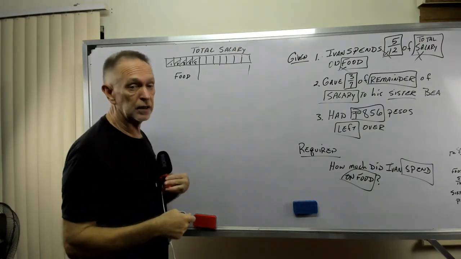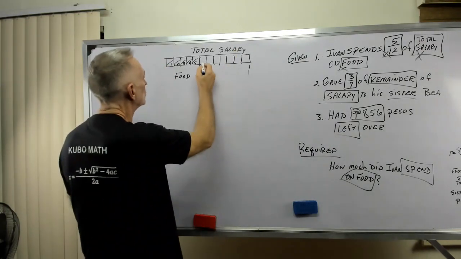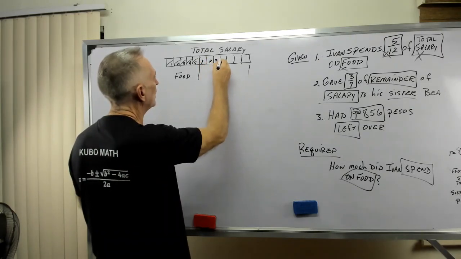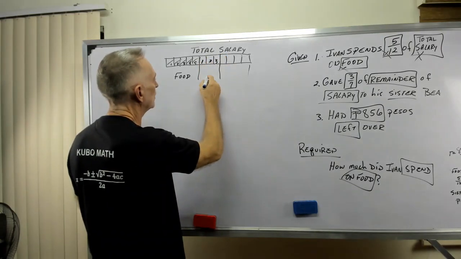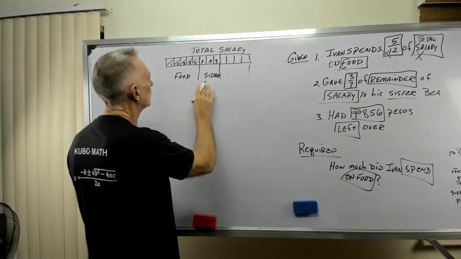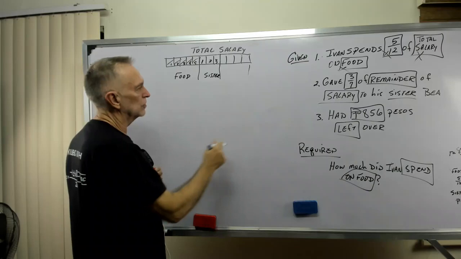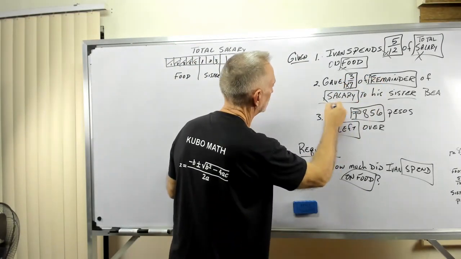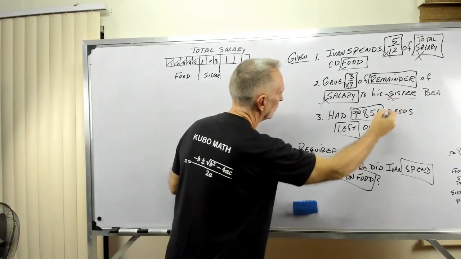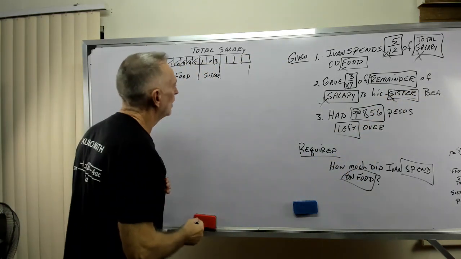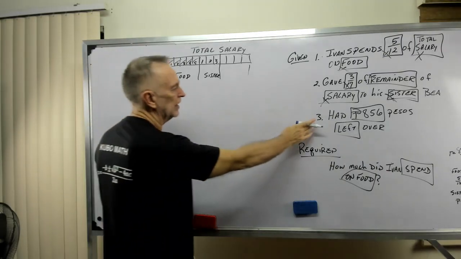It already is. Awesome. So now he gave 1, 2, 3 of those 7 to his sister. Okay, so we've got 3/7 of the remainder of his salary to the sister. Well, let's put a box around Bea there, to the sister. Now then, let's go to this next one.